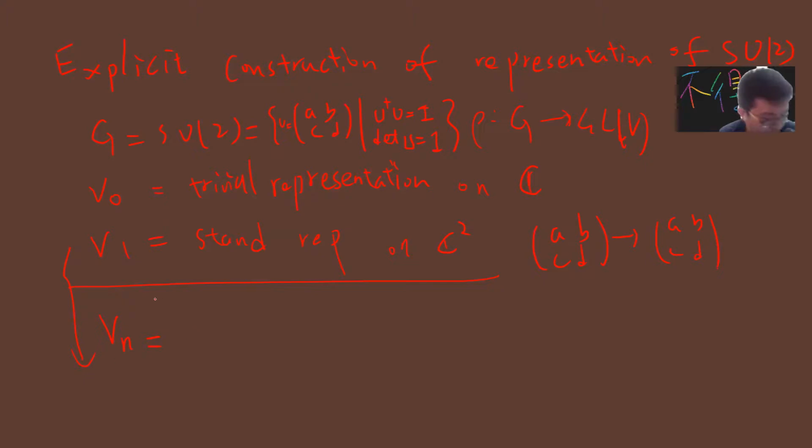Let's say Vn is defined to be the homogeneous polynomials of degree n with two variables, let's say z1 and z2.